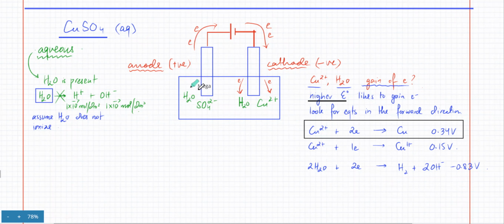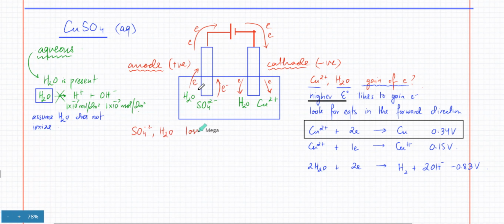So you need to figure out whether it's water that ends up losing electrons to the battery or it's SO4 2 minus that actually ends up losing electrons. So you need to figure this out. So I'm going to write this down, that who loses electrons, whether it's SO4 2 minus or H2O.